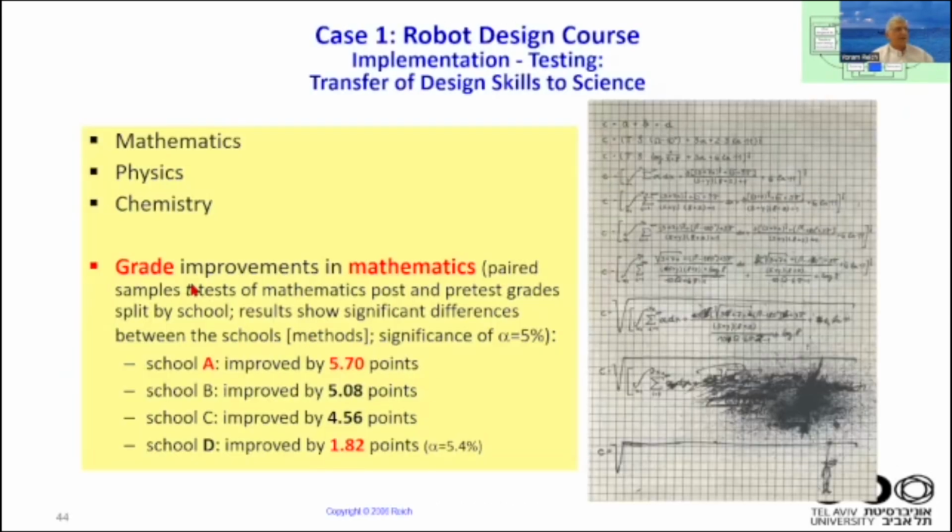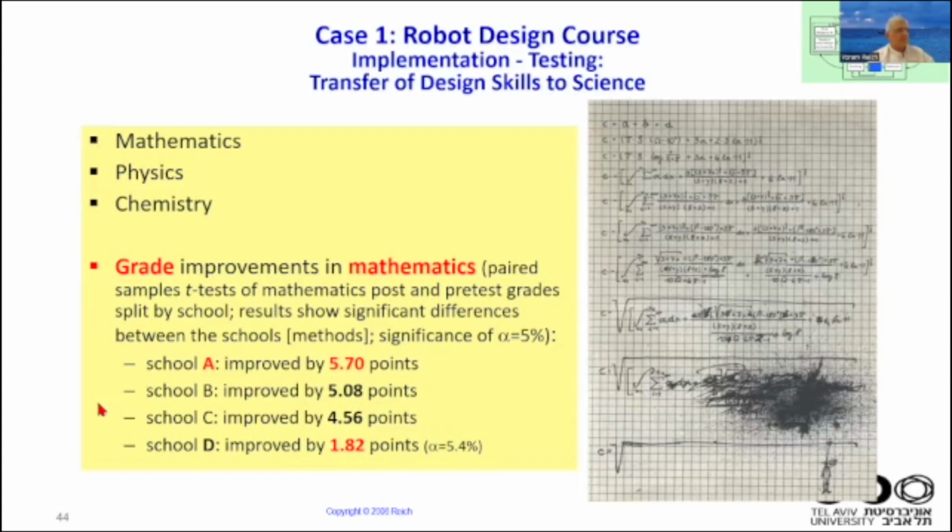Interestingly, the grade in mathematics improved by 5.7 for school A and 1.8 for school D. Now, remember, these are excellent high school students who take the highest level of mathematics and physics, and they take extra in robotics, yet just by studying design methods, this curriculum helped improve the grades in mathematics, and similarly in physics and chemistry.